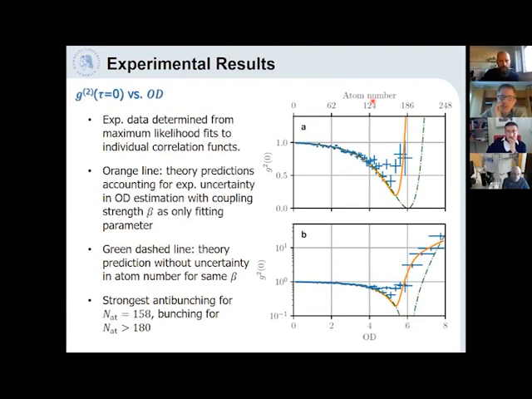This is a very good question, because this is very important. I tried to be as honest as possible. I started by explaining what comes out of this source. And maybe when you see a G2 of 0 of 20, you think that you only have pairs coming out of the source. But a G2 of 20 means that the probability for having a pair is 20 times as high as in the case of Poissonian statistics.